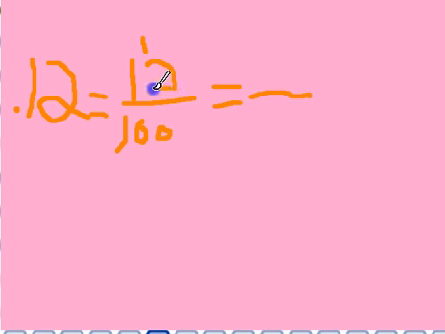Now, instead of dividing it by 2, we divide it by 4. 12 divided by 4 would be 3. And 100 divided by 4 would be 25. So you still should get 3 over 25.